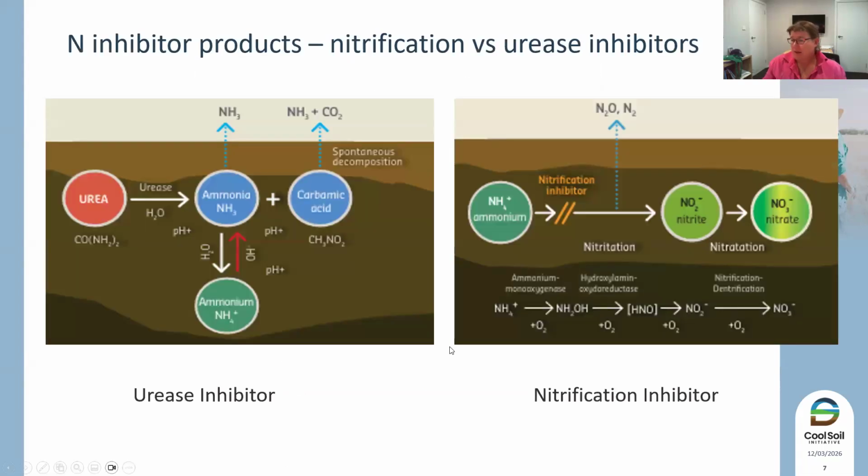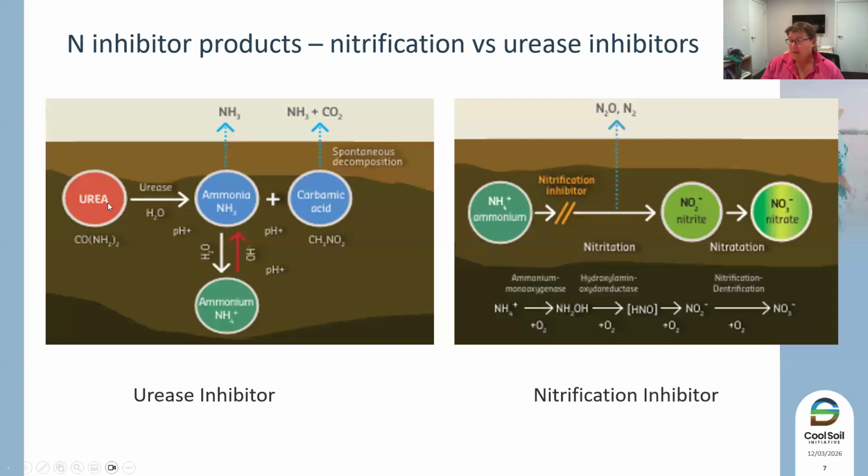So just finally, I just wanted to flag the inhibitor story, as a chance to explain where they fit or where they may not fit. There's 2 different types of inhibitors that we talk about. One of them is the urease inhibitor, and one of them is the nitrification inhibitor.